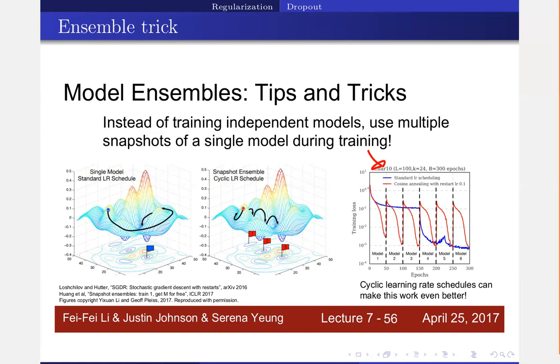So you have this very rapid cycle here. You go down quite a bit with a large learning rate, and then you shoot up again to a high learning rate, and then go down again.